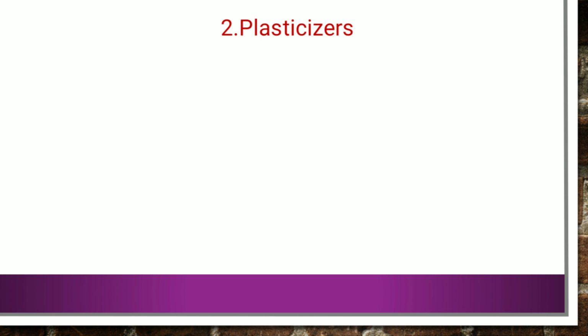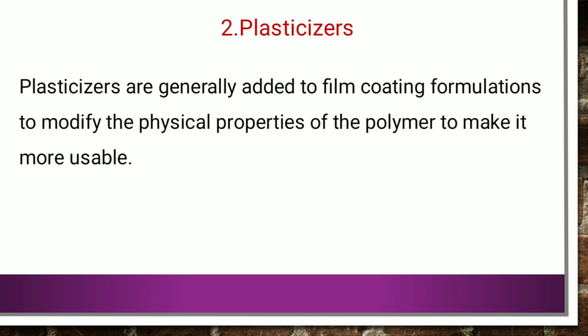Then the next one, that is plasticizer. So plasticizers are also added to film coating formulation in order to modify the physical property of the polymer to make it more usable. Then one important property is their ability to decrease film brittleness.